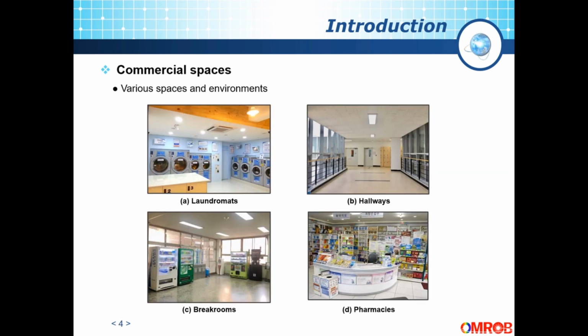Our research targets are commercial spaces, such as laundromats, hallways, break rooms, and pharmacies. In order to provide a customized environment for each situation and space, you need a technology that recognizes spatial characteristics and patterns and controls itself.